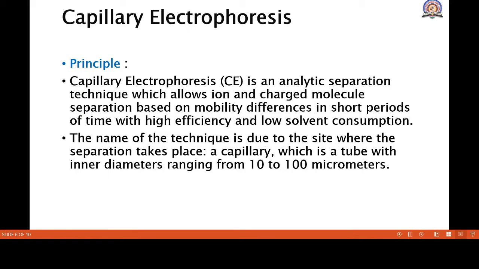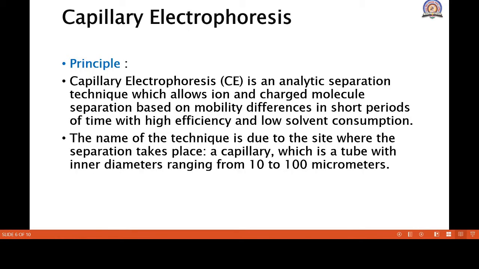The analytical separation technique which allows the ion and charged molecule separation means in this technique, ions and charged molecules are going to be separated, which is totally based on their mobility difference in a short period of time with high efficiency and low solvent consumption.